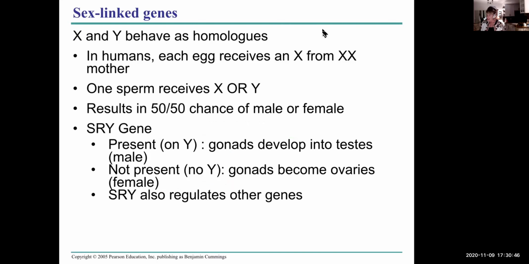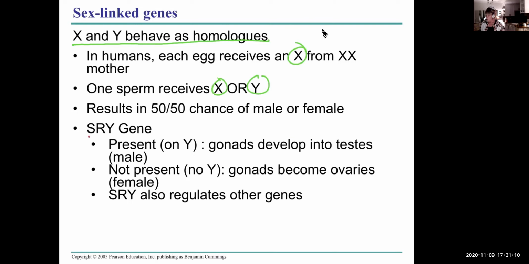So sex-linked genes, X and Y, behave as homologs. Each egg receives an X from the mother. One sperm receives either an X or a Y. So there is a 50-50 chance of an offspring being male or female.